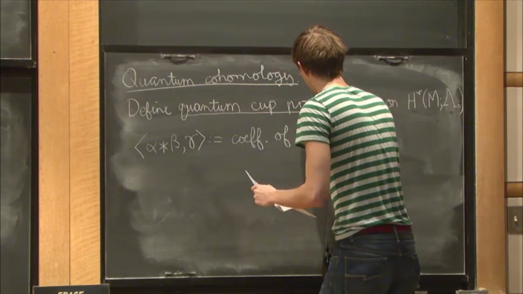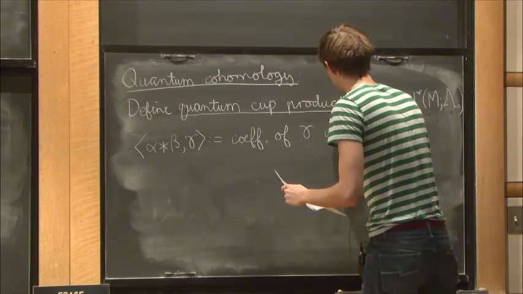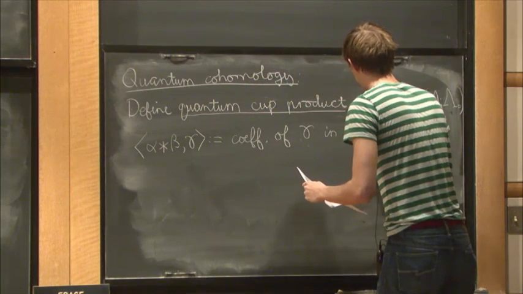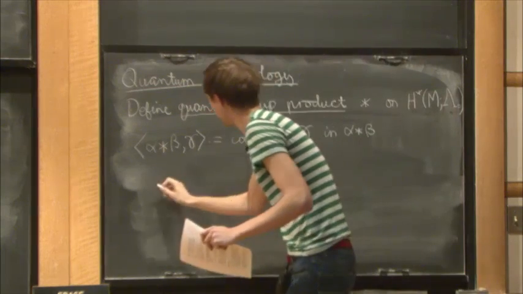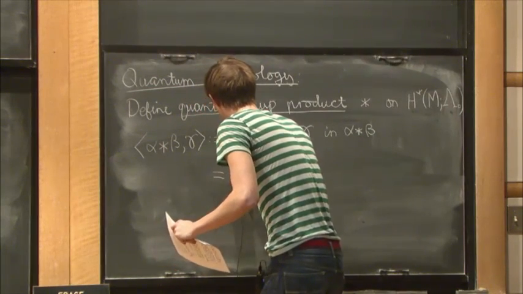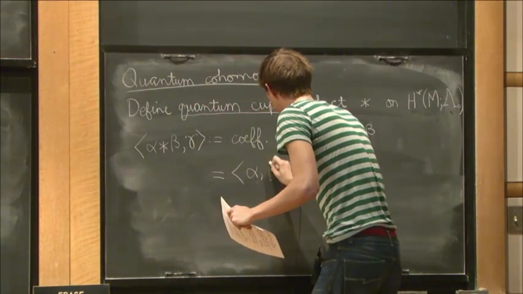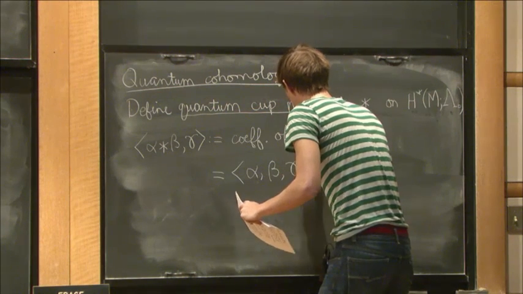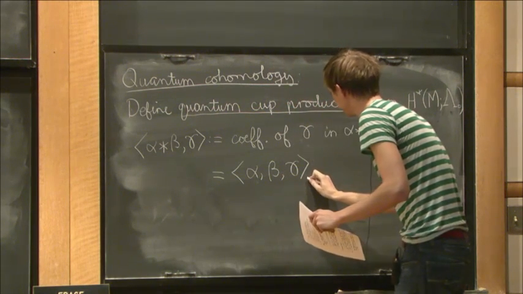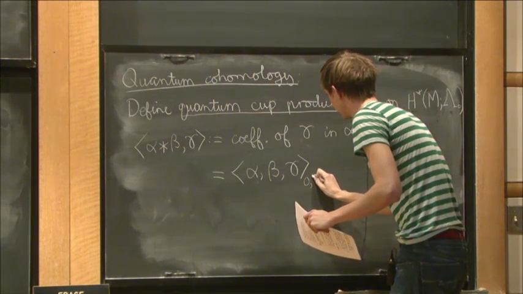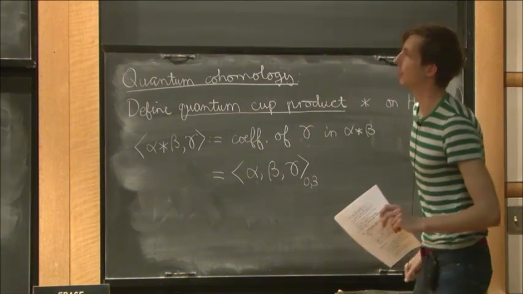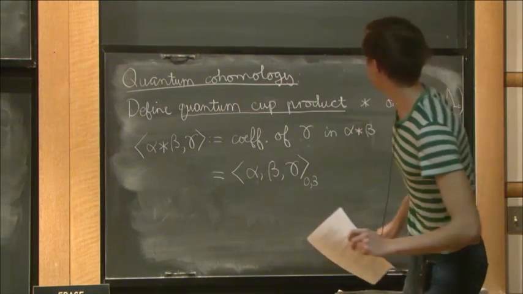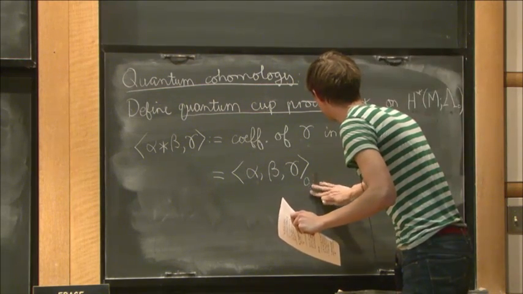So we define the coefficient of gamma in alpha star beta, and it's equal to a Gromov-Witten invariant, with psi class just 0.